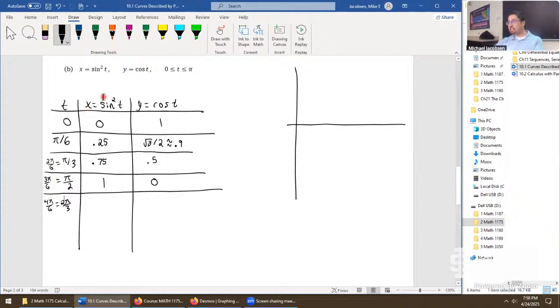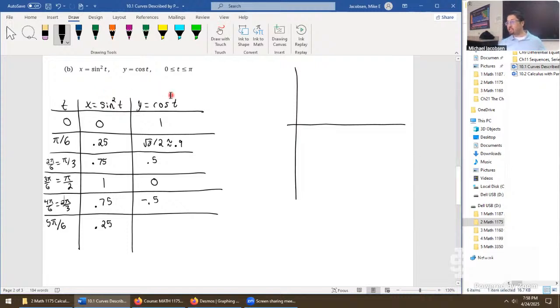Sine at 2 pi over 3 is the same as sine at pi over 3. Pi over 3 is a reference angle. So if we square that, we still get the 0.75 right back. Cosine at 2 pi over 3, however, is negative. This one's a negative 0.5. Now, almost there, 5 pi over 6, already in reduced form. Sine at 5 pi over 6 is still a positive 1/2, so the square of it is 0.25.